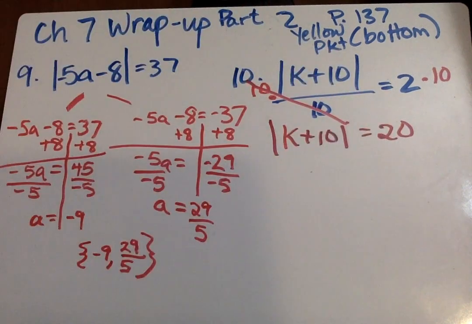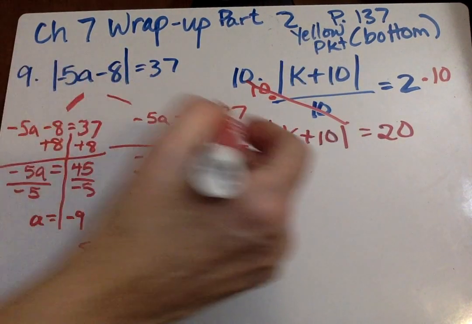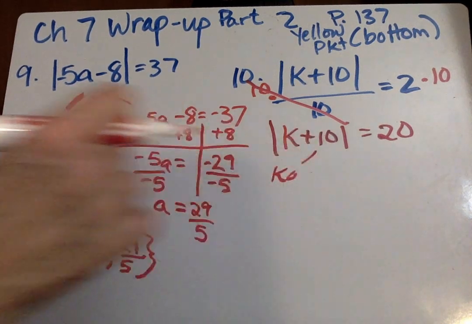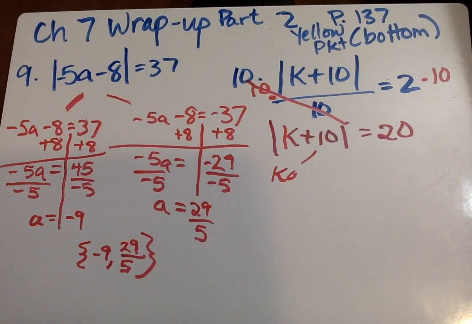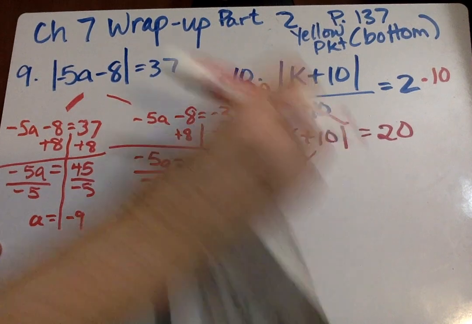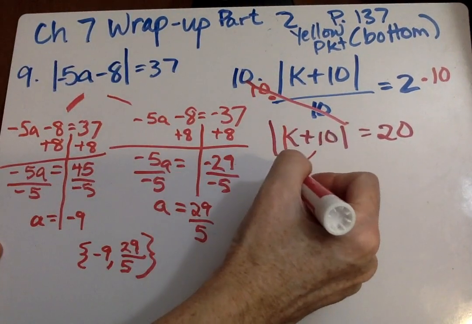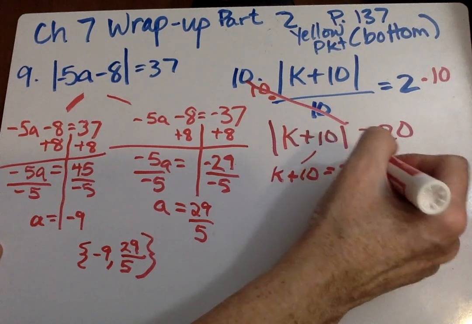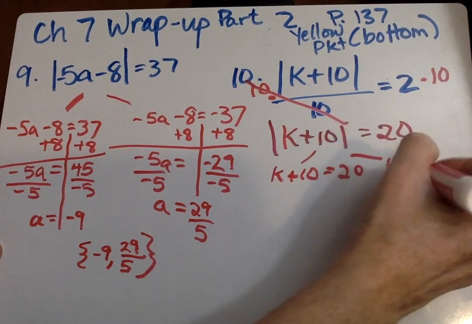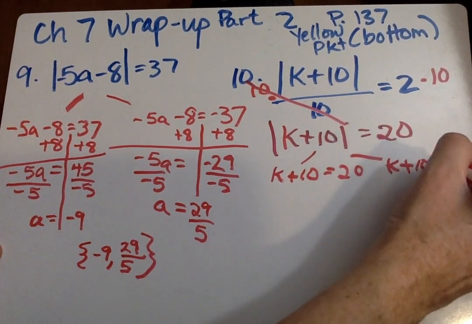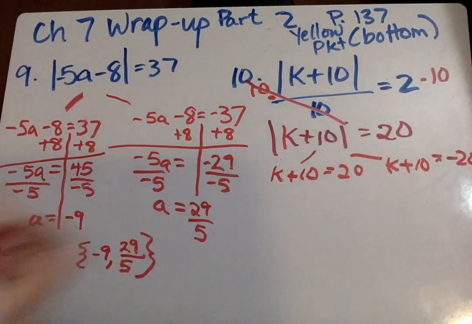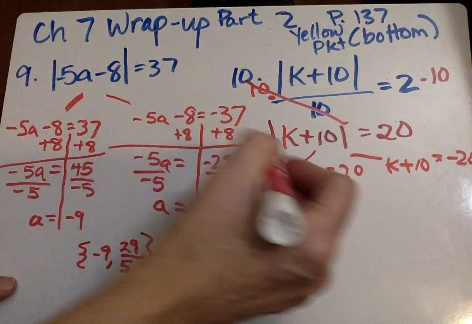This answer is positive, so I can get my two equations. One of them is exactly the same, k plus 10 equals 20. The other one, the answer is going to be a negative 20. And I solve for k both ways.